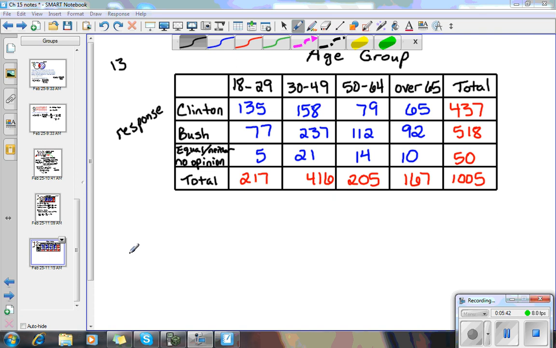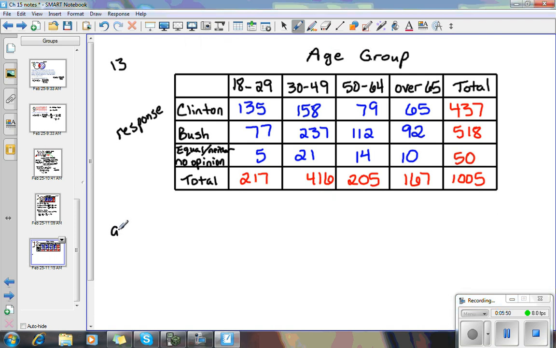All right, let's take a look at problem 13. It's going to deal with the same setup, so that's not changed, but just a little bit different questions. Part A, and you might want to look in your textbook, says if we select a respondent at random, what's the probability we choose a person between 18 and 29 who picked Clinton?